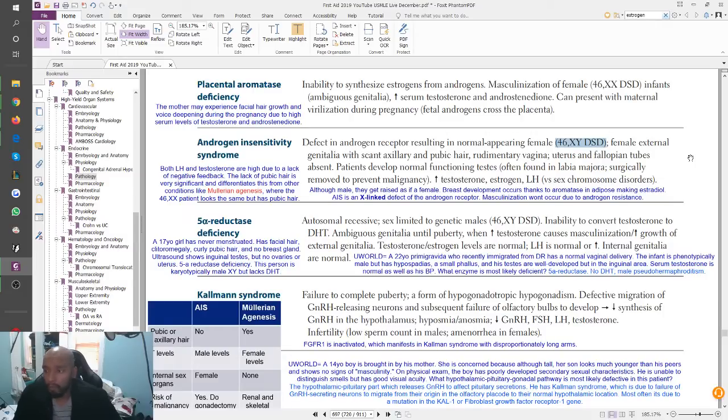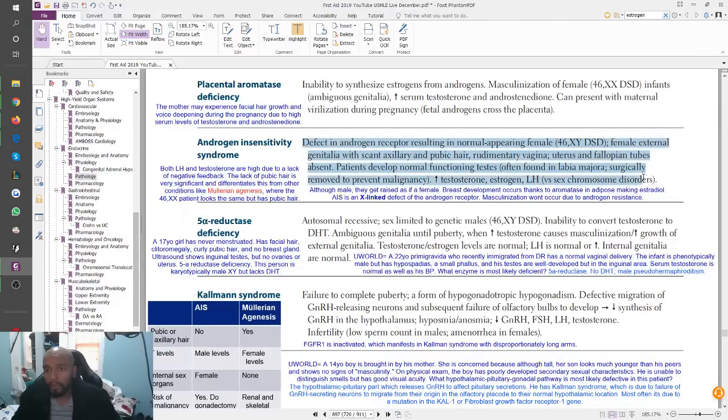Because it's not a sex chromosome disorder, they just have androgen insensitivity syndrome. The main thing to take away here is that they have high testosterone and high LH, because all that testosterone is not working, so that's why they developed a very female-appearing body type, and the LH is not being shut down. No negative feedback there, right? So a very funky type of question to watch out for.